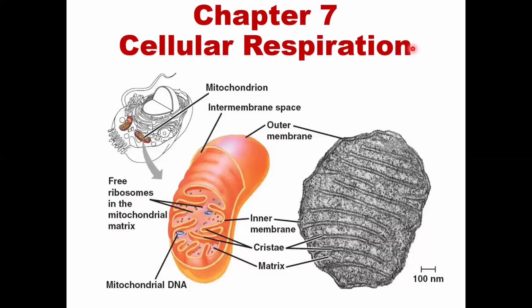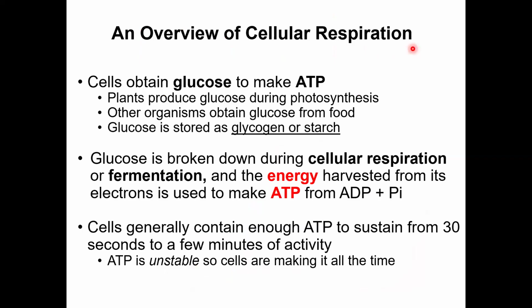Hi everyone. In this video, we will be talking about cellular respiration, a way to basically make energy in cells. Essentially, cells need glucose, obtain it, and make ATP out of it.